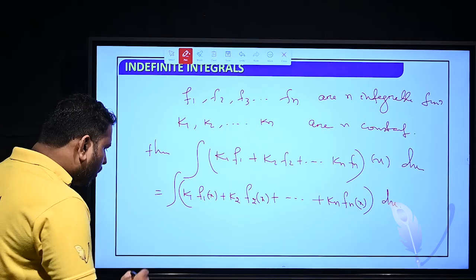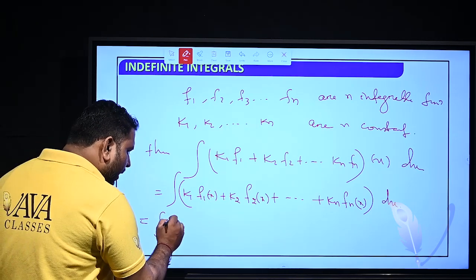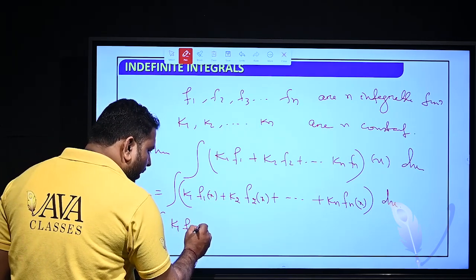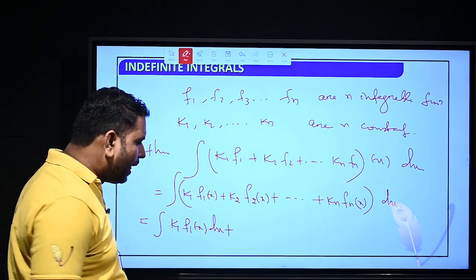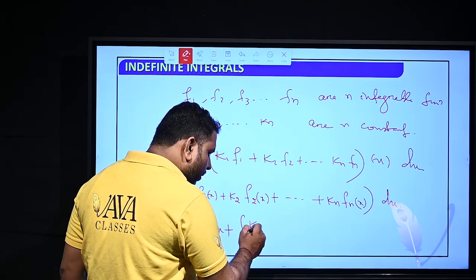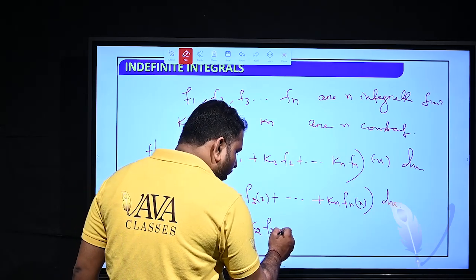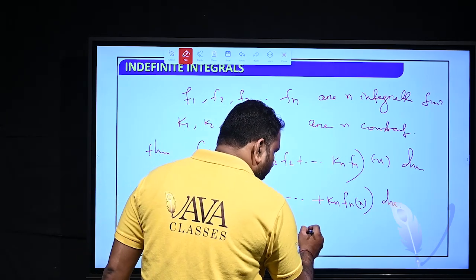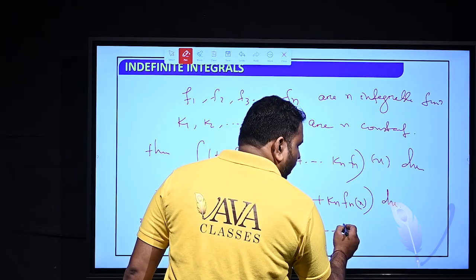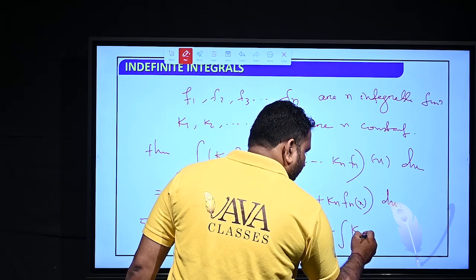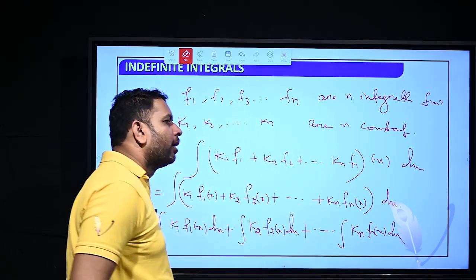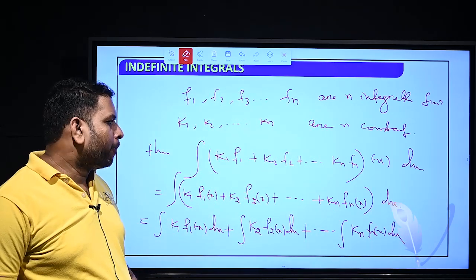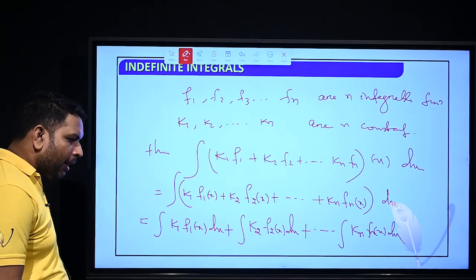Okay, so this equals integration k1 f1(x) dx plus integration k2 f2(x) dx plus integration kn fn(x) dx.